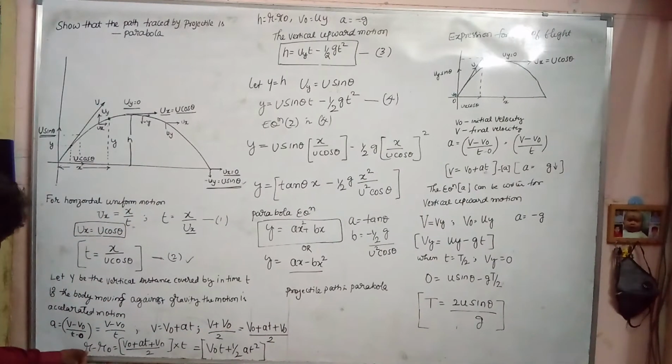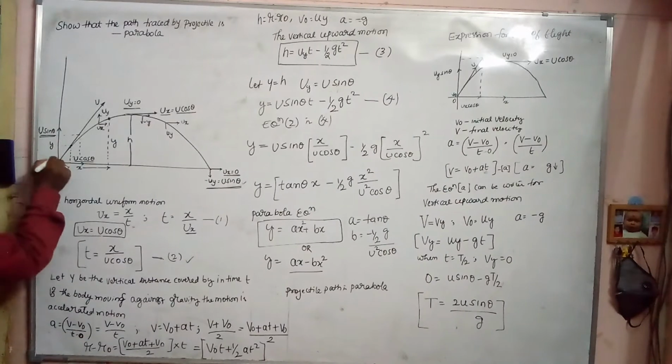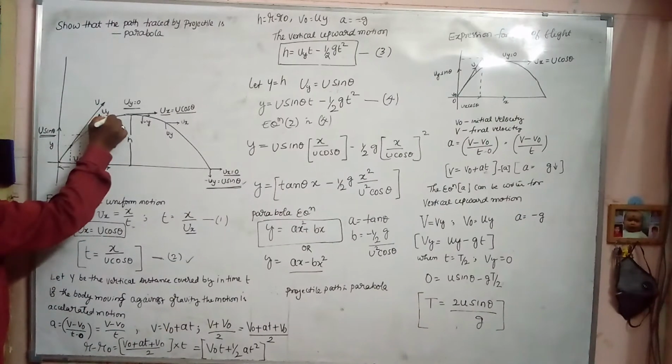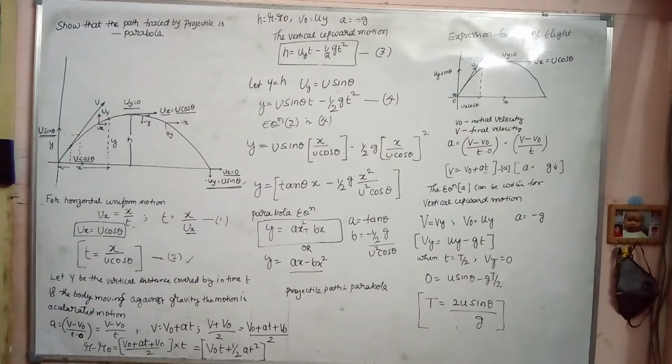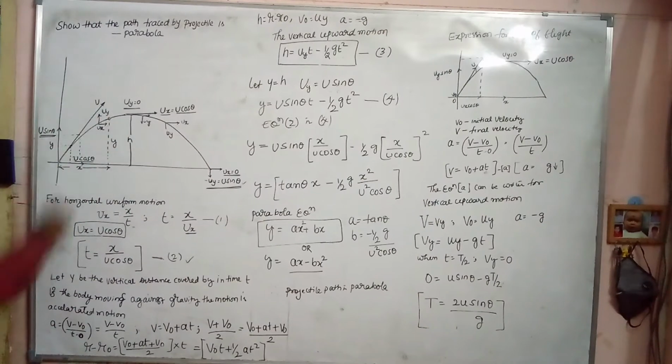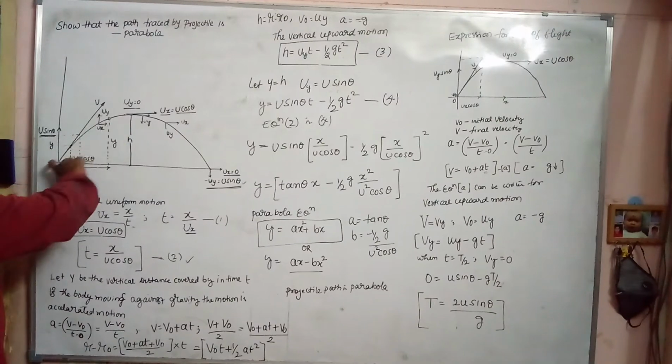Here I am writing r minus r naught. Here is one thing I am introducing. What is r minus r naught? The particle traveled from an earlier stage to the next stage. The first position of the particle was r naught, and the next position of the particle was r. That is the traveled distance.